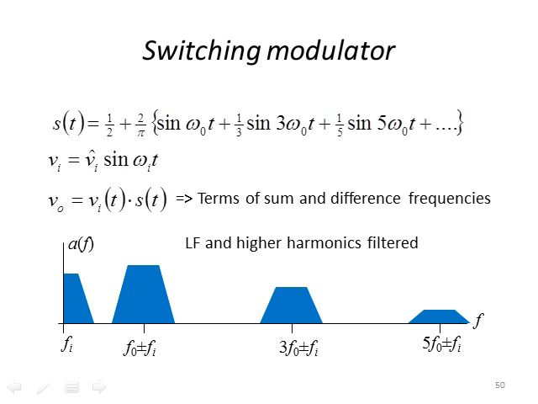So the output ultimately is going to be Vout equal to Vi of t times S of t, in terms of sums and differences, so the low frequency and higher harmonics are filtered.